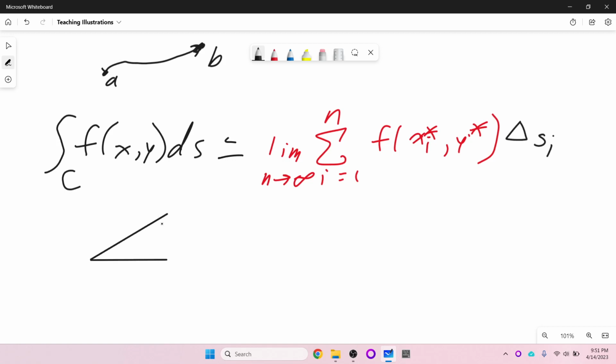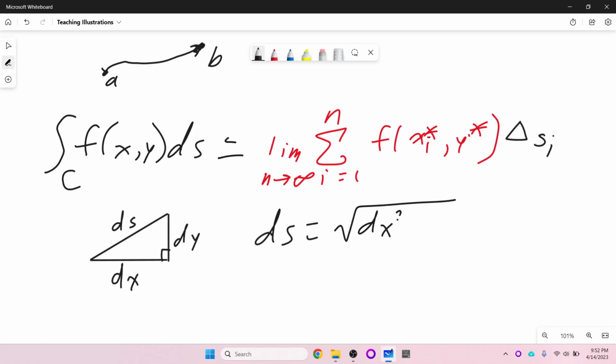Let's say dx right here. dx means a small change in x, dy means a small change in y, and then ds would mean a small change in s. So the Pythagorean theorem comes into play here because it's a right angle. So we get ds equals the square root of dx squared plus dy squared.